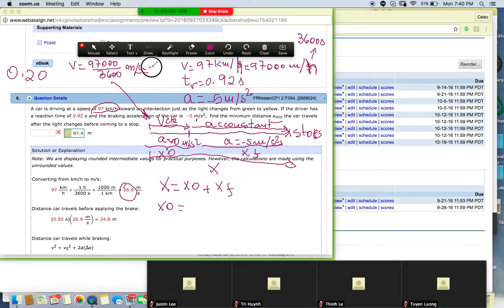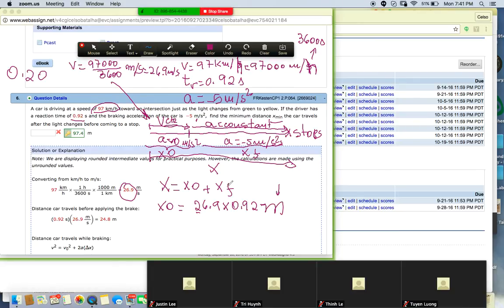The speed is 26.9 meters per second. So x naught is the distance the car covers with constant velocity: 26.9 times the reaction time, 0.92. Take this speed, multiply by the time, and you have the distance in meters.